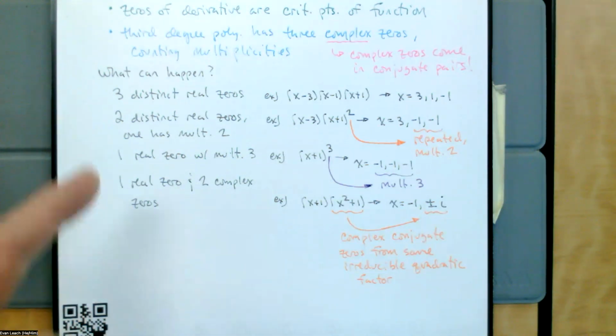So here's what they all have in common. All of these possibilities have at least one real zero.